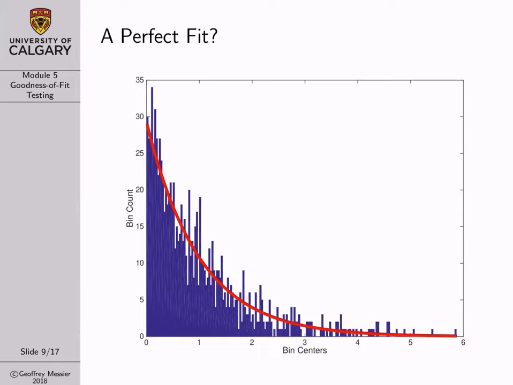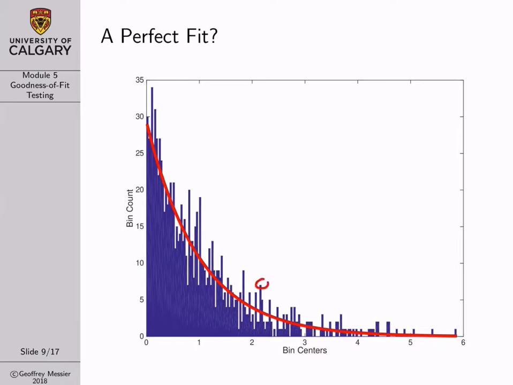So I know for a fact that the numbers that I generated are a perfect match to the exponential distribution. However, I only generated 1,000 random numbers, and then I divided them into 200 bins. And because there just weren't enough numbers to average together, we don't get perfect agreement.